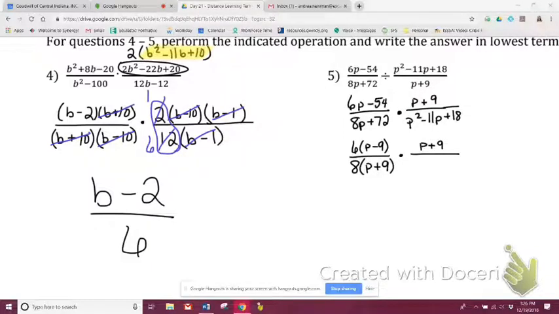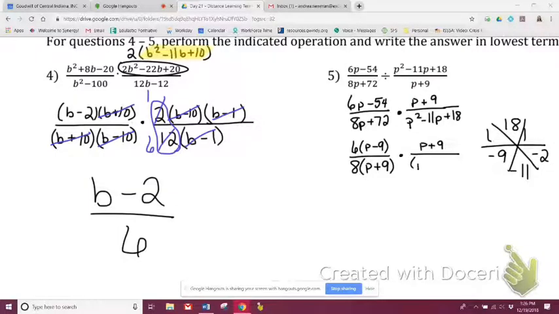For the denominator of the second fraction, we're going to have to use our asterisks. So two numbers that multiply to give us 18 and add to give us negative 11. Which is negative 9 and negative 2.